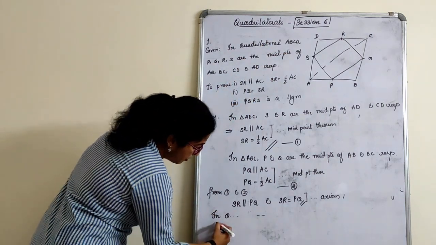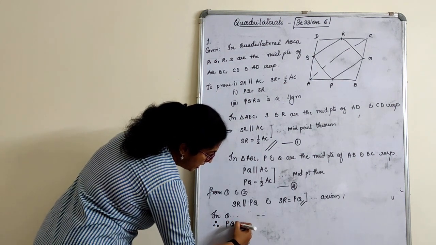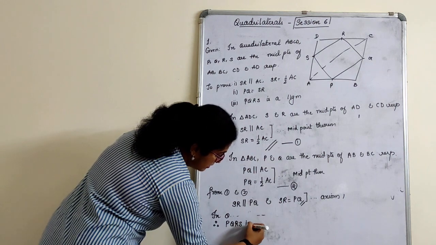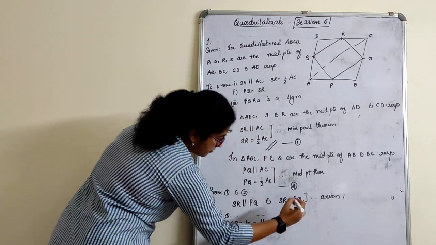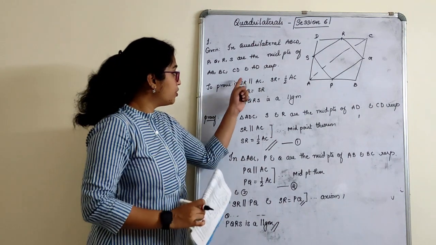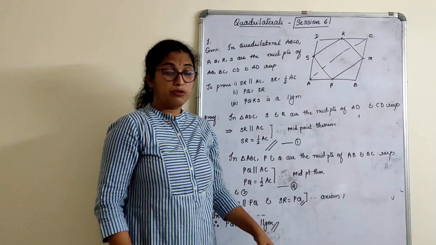That statement you will write and conclude saying that therefore PQRS is a parallelogram. Right? So we proved all the three things.